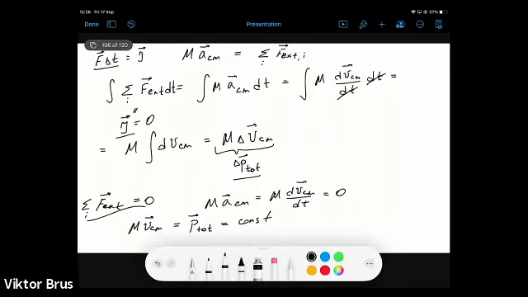And in other words, to be more representative, if we imagine some projectile, some body thrown at an angle to the horizon, so this is the trajectory of the projectile motion.